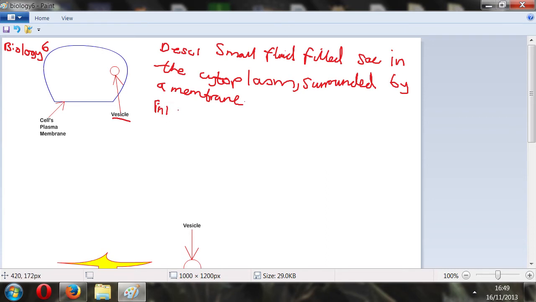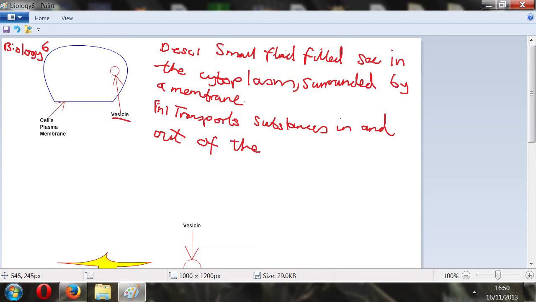So it transports substances in and out of the cell. My handwriting's not too great today.